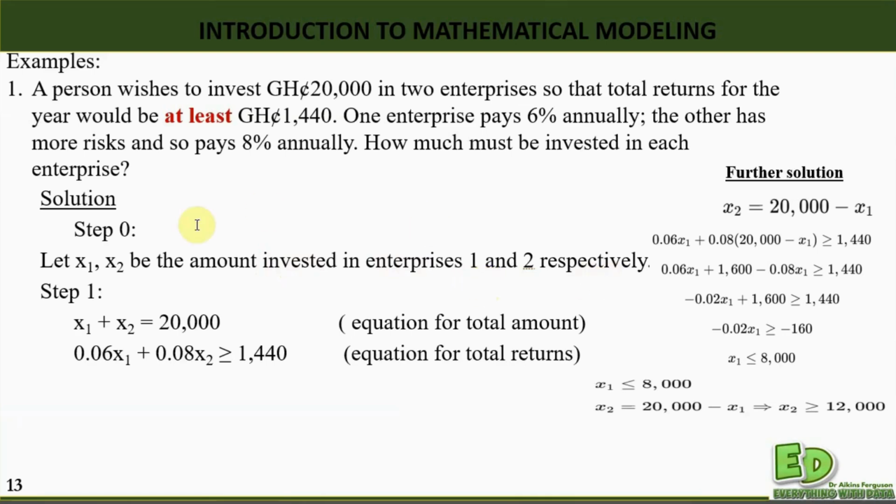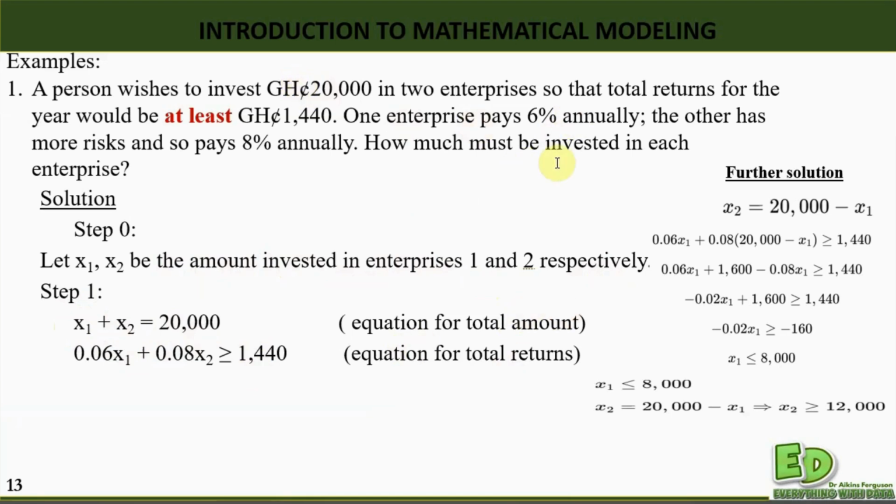Step 2 is to write what is called the constraint. So these amounts to be invested are subject to these linear constraints. We say that the summation of the first enterprise and the second enterprise is equal to the 20,000 to be invested, that's the total amount.